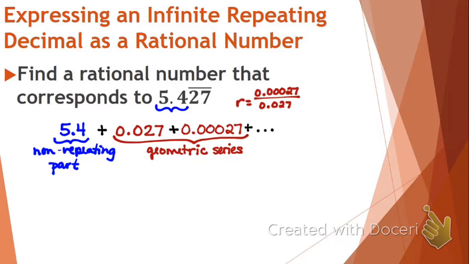I need to move my decimal point first. How far do I need to move it on the top so that I'm dealing with a whole number? 1, 2, 3, 4, 5 places, right? Okay. So I would have a 27 up in my numerator. If I move it 5 places on the top, I need to move it 5 places on the bottom, correct? 1, 2, 3, 4, 5.